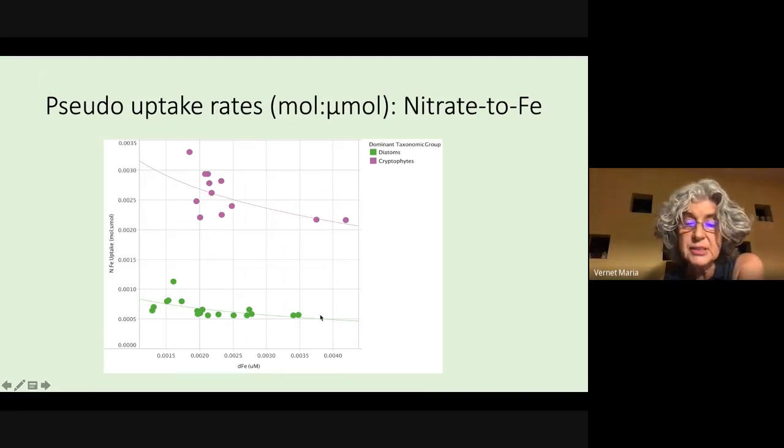The diatoms are still the green dots, and cryptophytes are the purple ones. And as you can see, the diatoms absorb at a much lower rate than the cryptophytes, meaning the iron to nitrate is higher by a factor about 5.